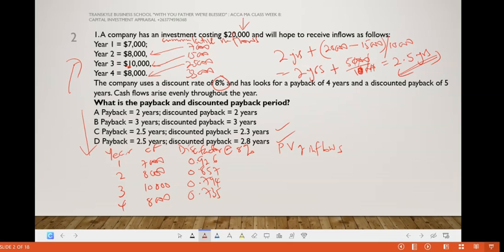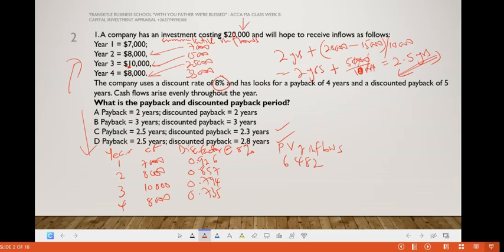The PV of inflow, 7,000 multiplied by 0.926. Let us use our calculators to see if we can come up with accurate figures. Okay, 7,000 multiplied by 0.926, we get 6,482.